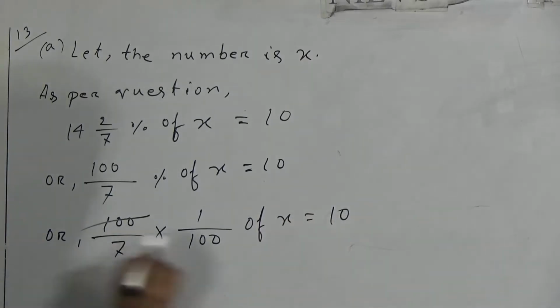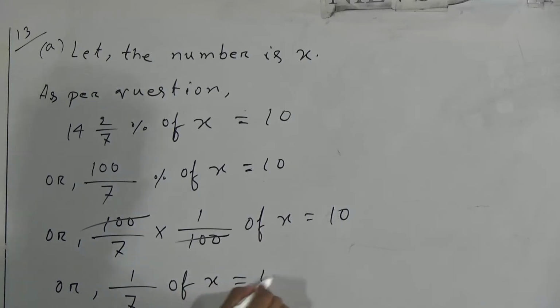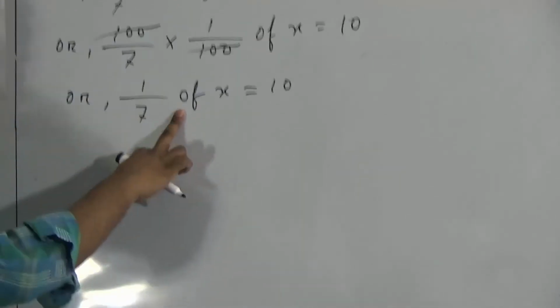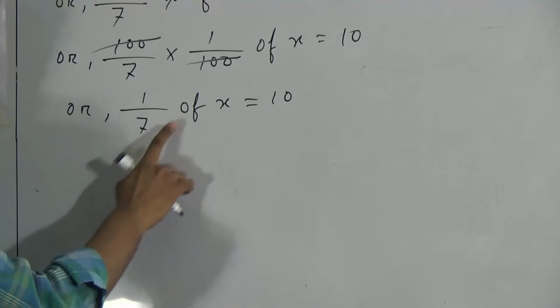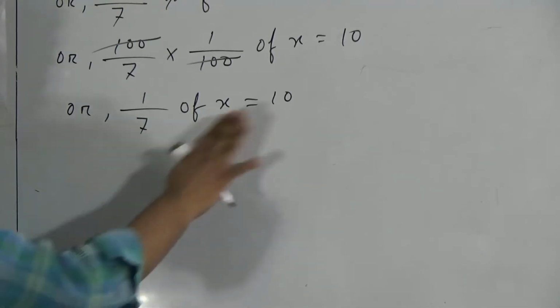Now we can cut this 100 and this 100, then it will be 1/7 of x equal to 10. Now we have to find out the value of x. Of means multiplication. So we can consider here 1/7 multiplied by x equal to 10.